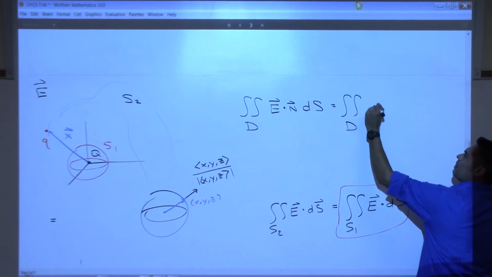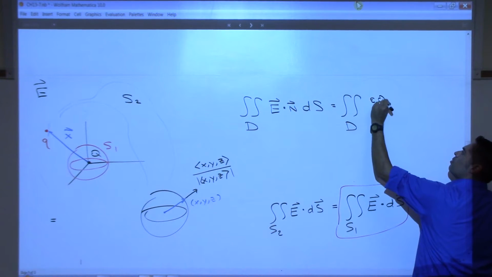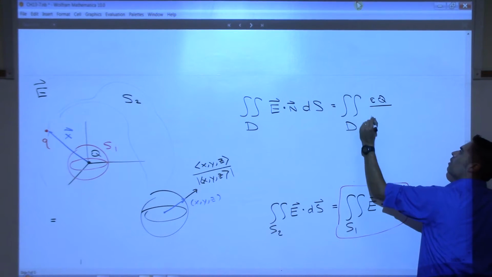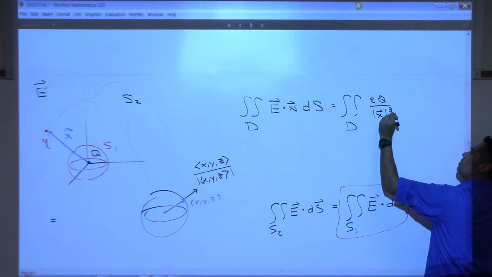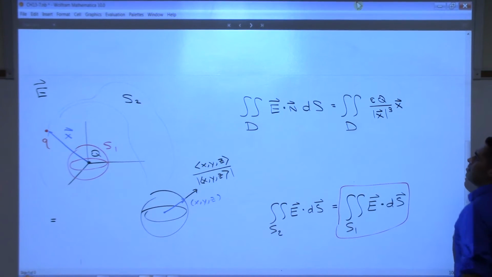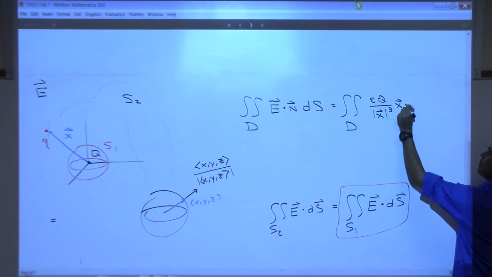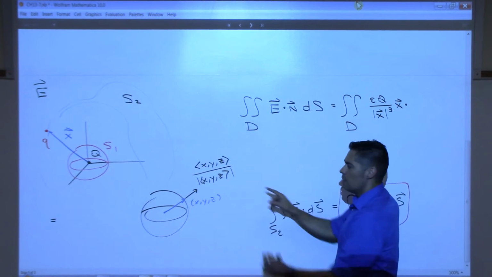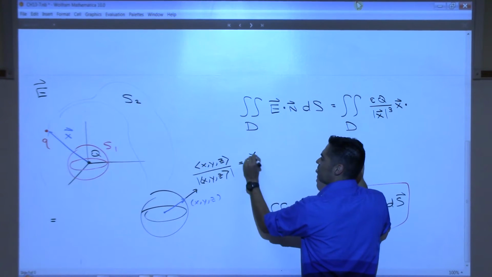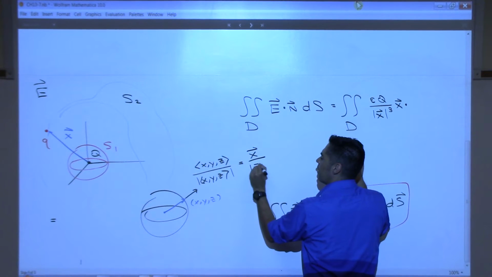What was E? Epsilon Q over magnitude of x cubed times the vector x, right? That was E. I want to dot that with this right here, right? And look at this. Isn't this just x over magnitude of x?